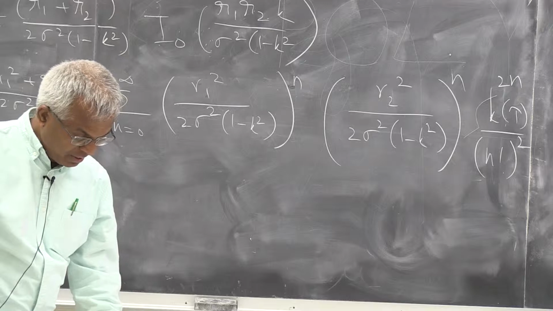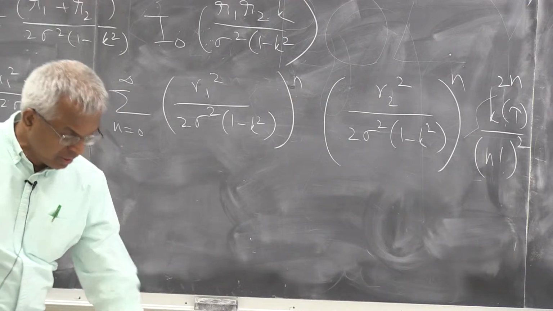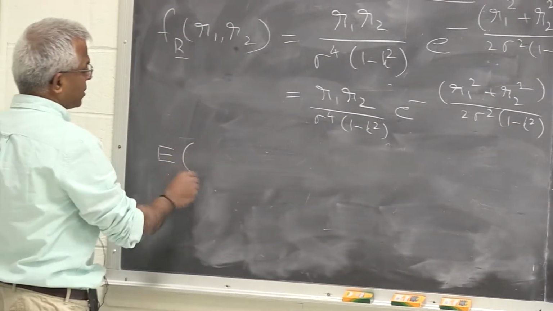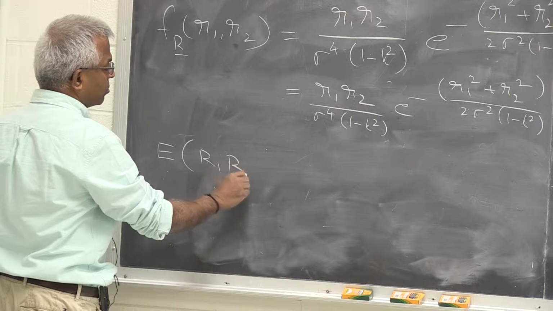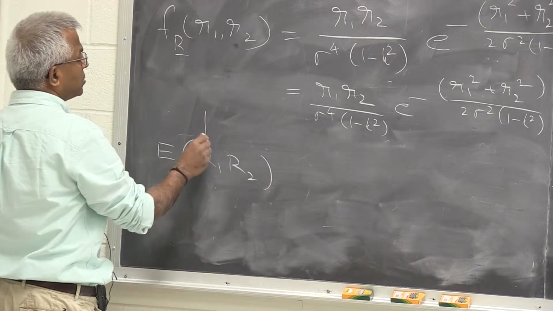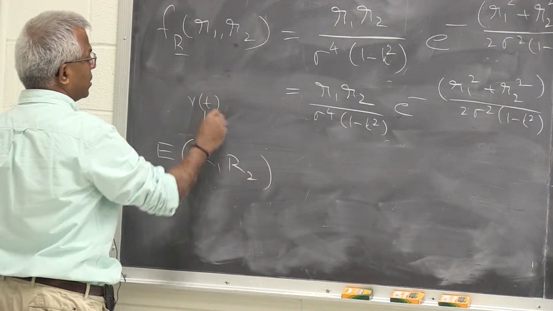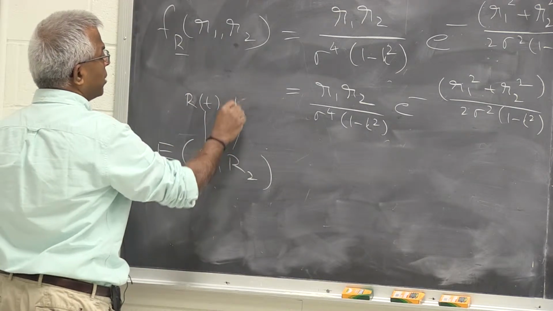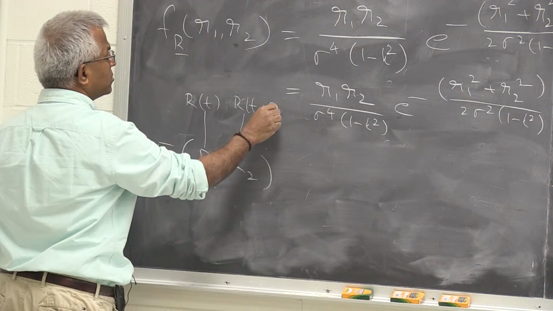All right, so what we need now is to use this expression and find the expected value of R1 R2. Remember, R1 is R evaluated at t, and R2 is the magnitude evaluated at t plus tau.